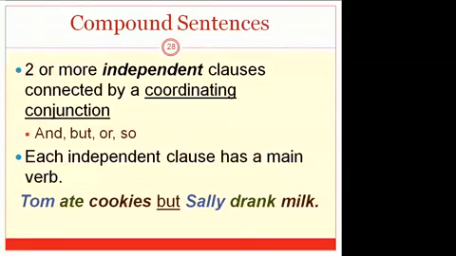But instead, these two independent clauses are joined together with a coordinating conjunction. Tom ate cookies, but Sally drank milk. It's one production, one sentence, but it is comprised of two independent clauses linked together merely by a coordinating conjunction. Either of these independent clauses could potentially stand on its own, but instead they're linked with this coordinating conjunction. We call this a compound sentence structure.